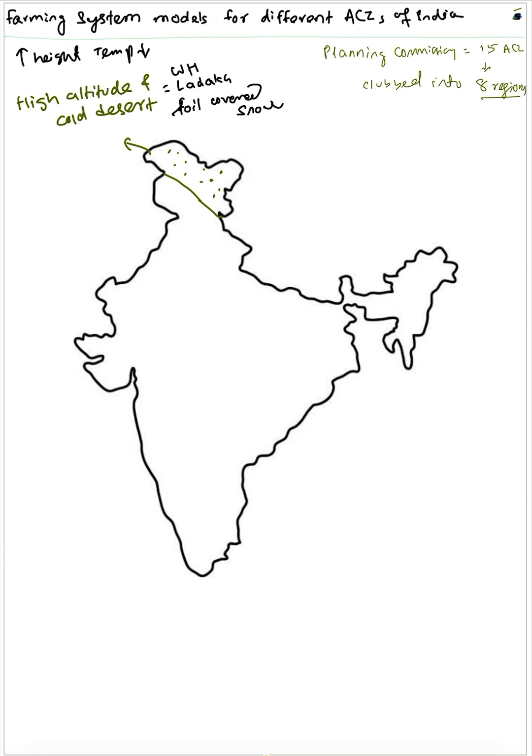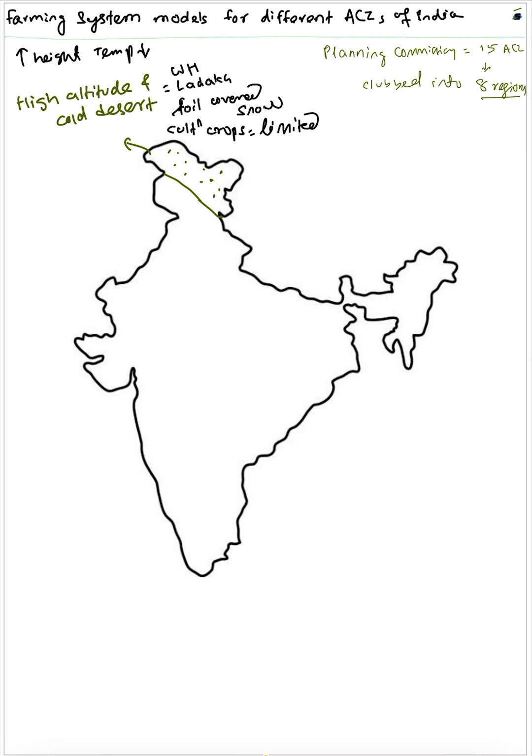Because of the snow-covered area it is called a cold desert, because here cultivation of crops is very much limited.